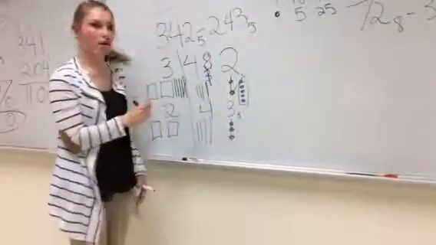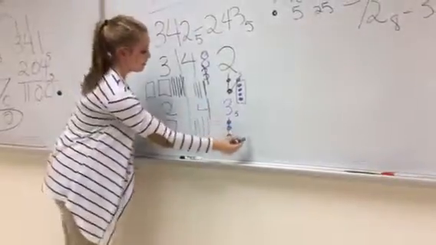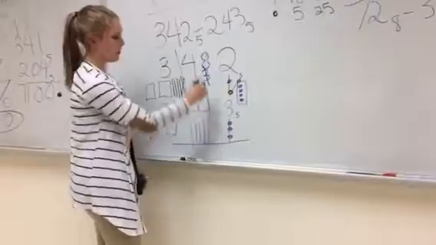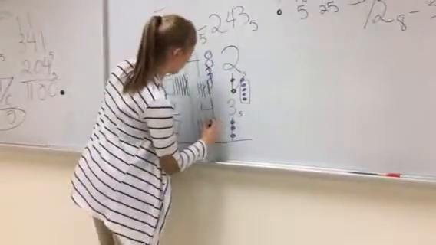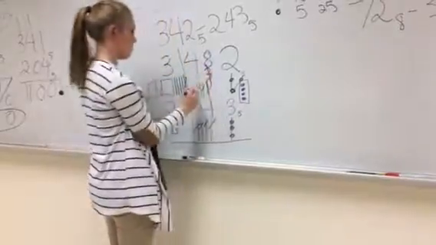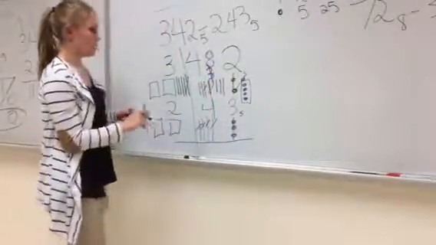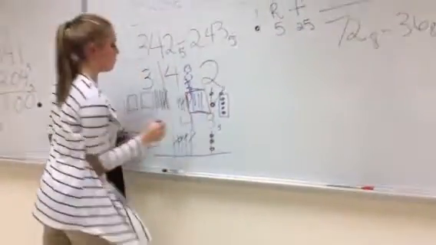Your new number you'll be subtracting is 8 minus 4. So if you take out your 8, you will be left with 1, 2, 3, 4, 5, 6, 7. You will be left with 4 rods.